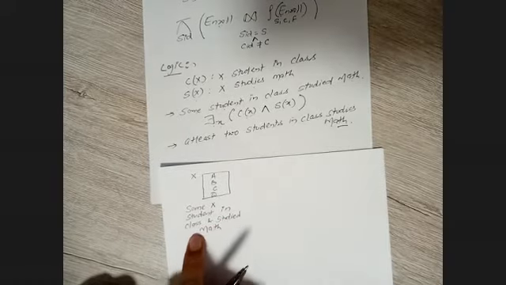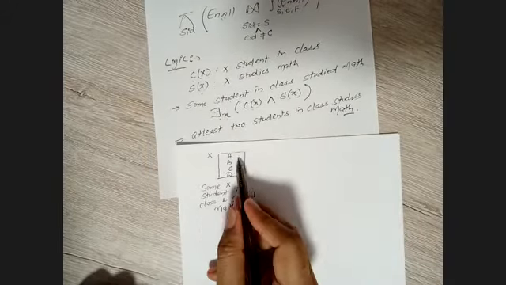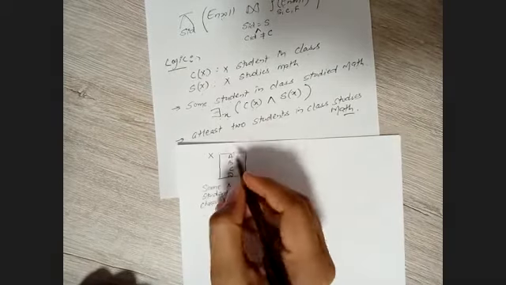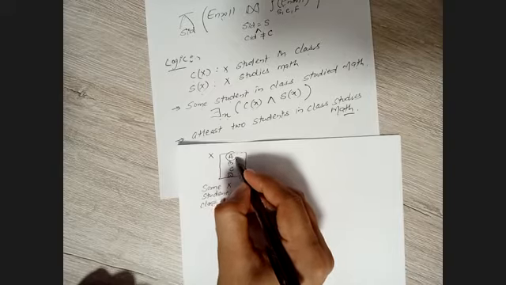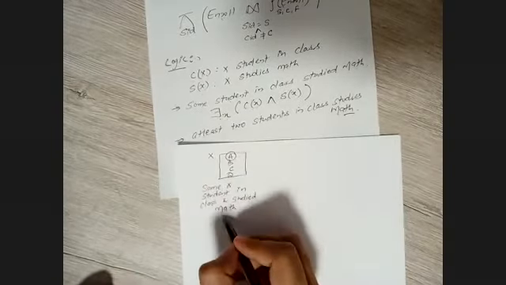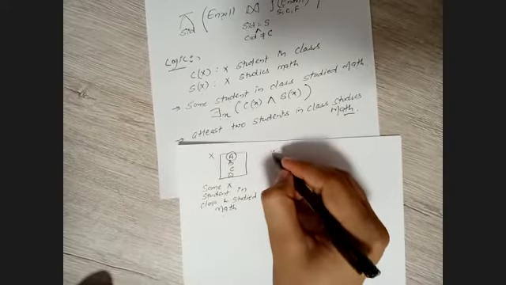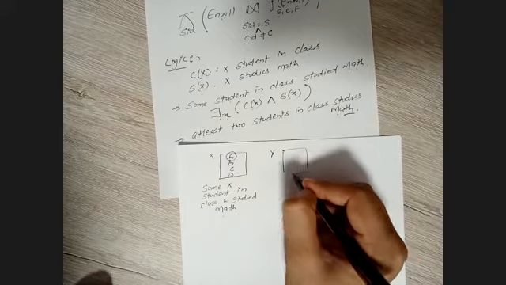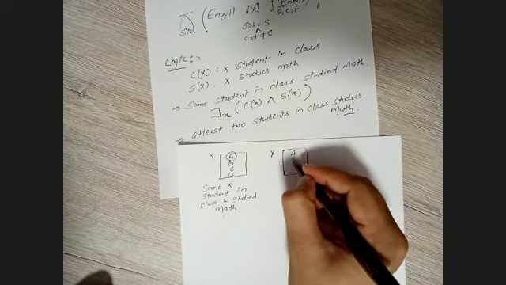So there is some student X here who is in the class and studying math. For example, I'm taking A. A is the student who is in the class and studied math here. Now let me take another table, another object, same as X, that is A, B, C, D.